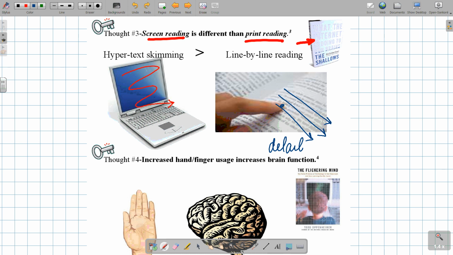Key thought number 4, increasing finger usage increases brain function.